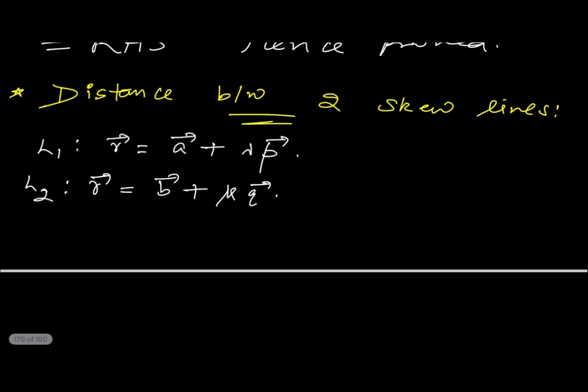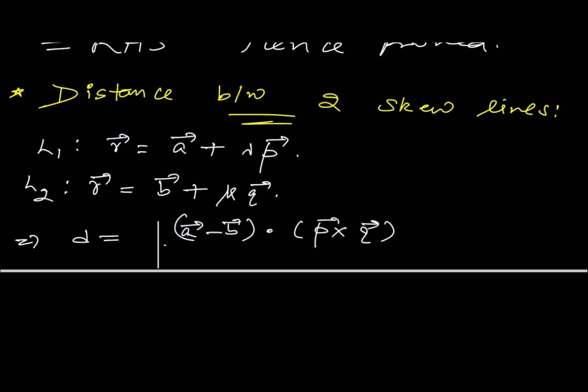And from the formula we have seen earlier, for distance between skew lines we can write d as b minus a dot p cross q upon mod of p cross q.